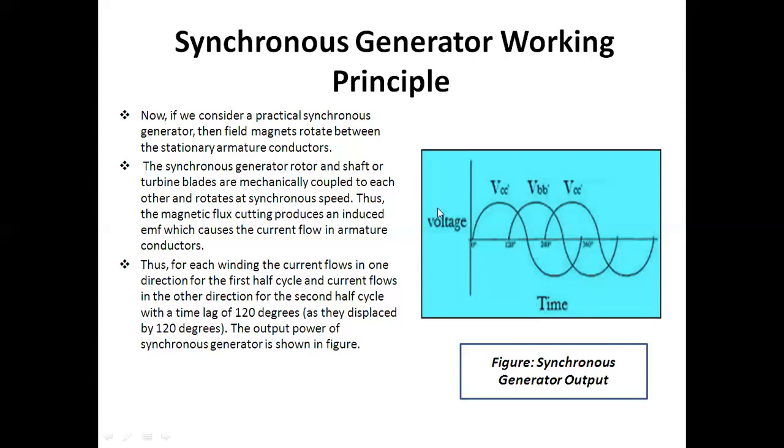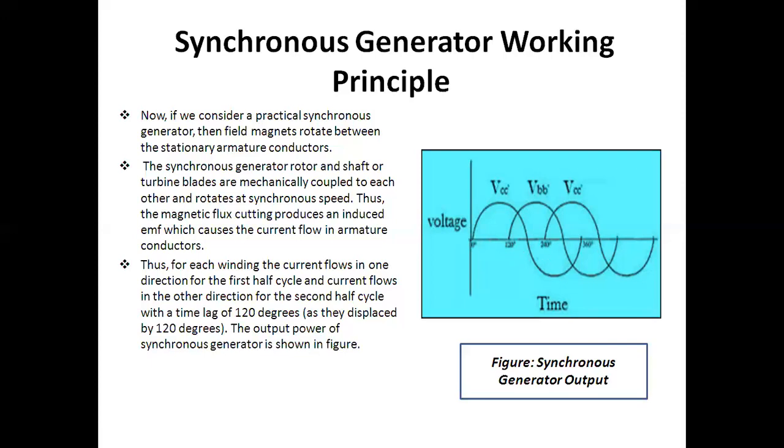So the output power is shown in this figure, where they are displaced by 120 degrees: 0 degree, 120 degree, 240 degree, 360 degree. So this is the first cycle. The second one starts from 120, the third one from 240, and so on.